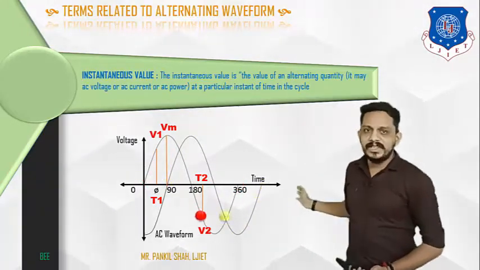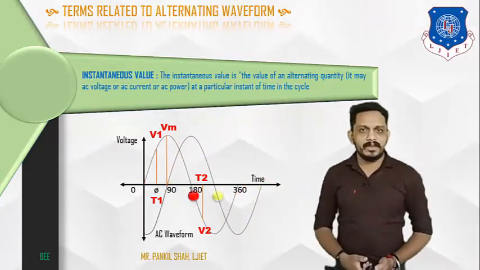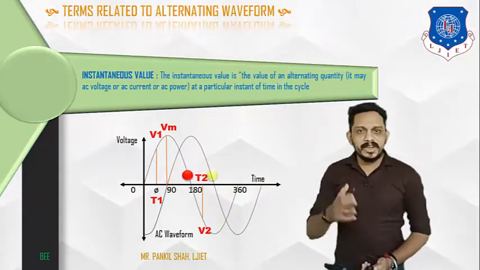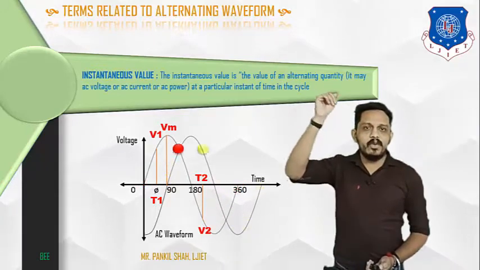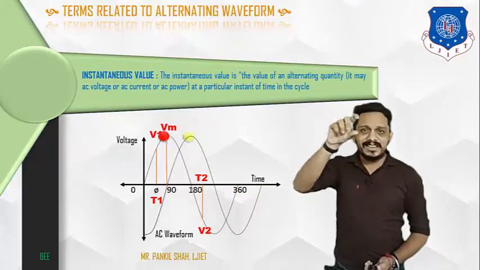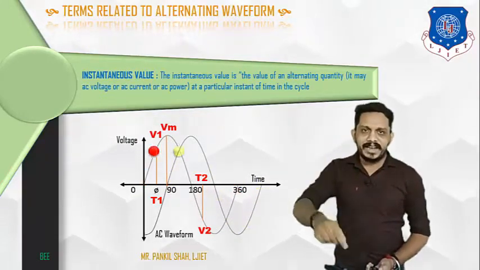For example, you can see that we have considered two times in this waveform. Let's say there is a time t1. You can see in this waveform at time t1 there is a value of EMF or the voltage as V1. That V1 is known as the value of the instantaneous EMF at time t1.